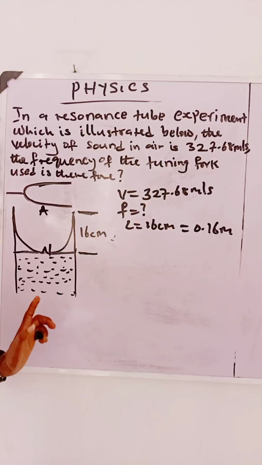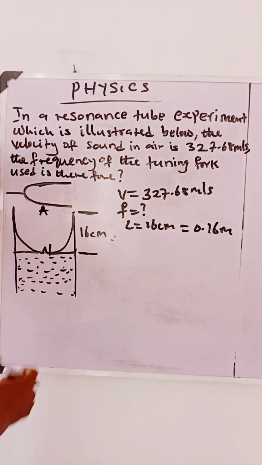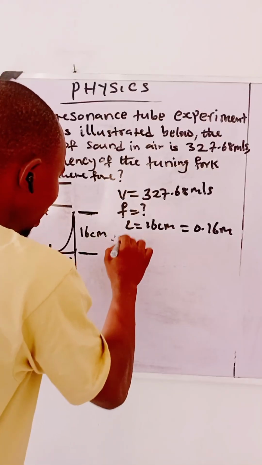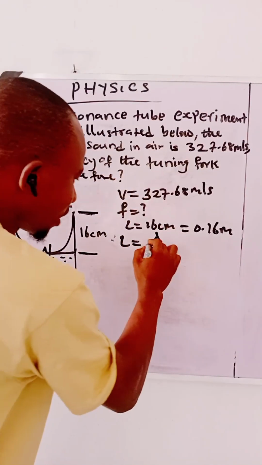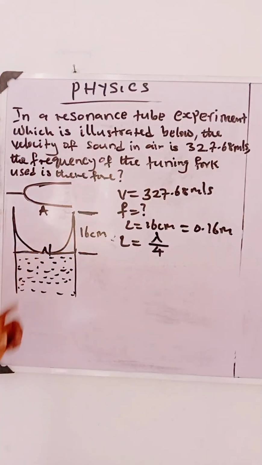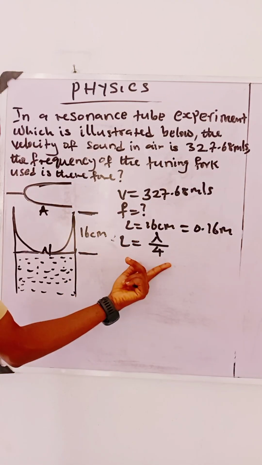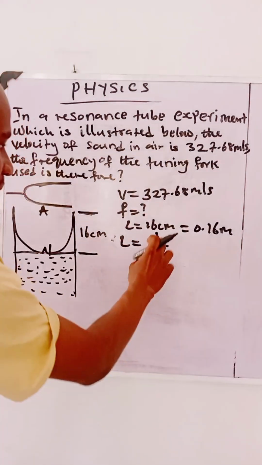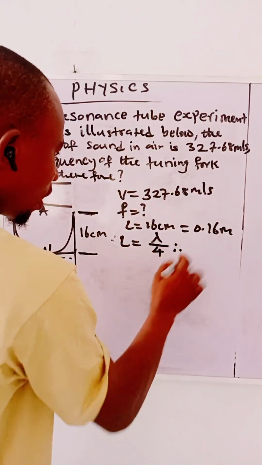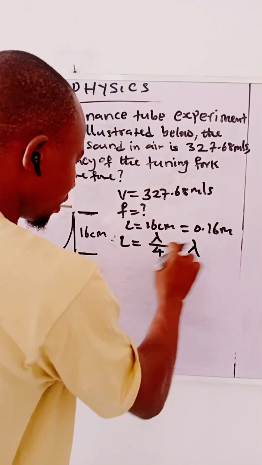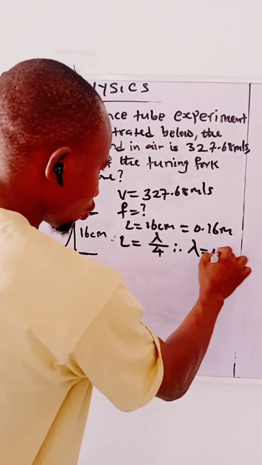Now it is related to wavelength, as the distance from antinode to node is L equals lambda, which is wavelength, over 4. But the distance from antinode to another antinode is lambda over 2. Good. So if I make wavelength the subject of the formula by cross multiplying, wavelength is equal to 4L.